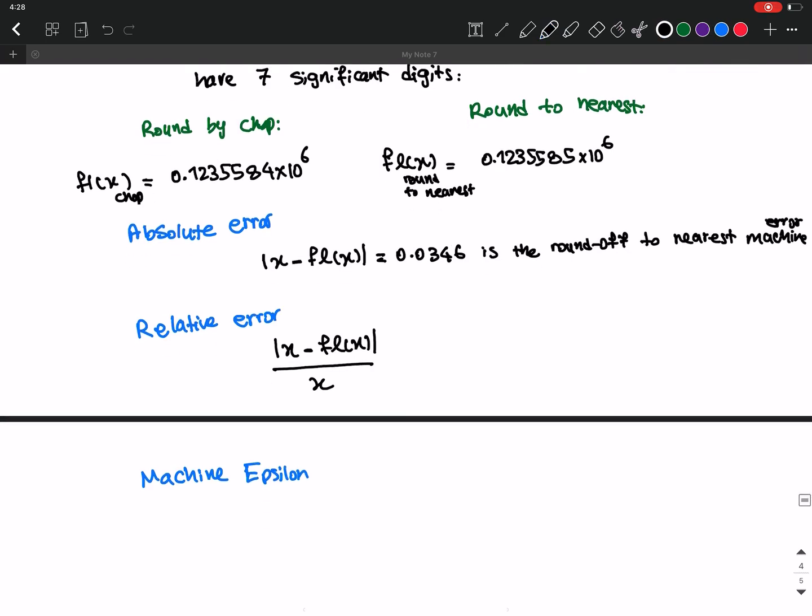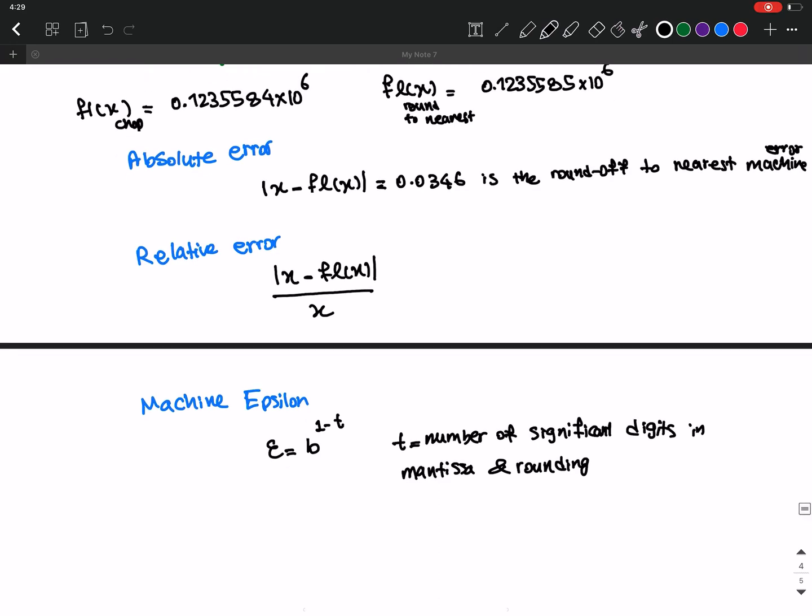So machine epsilon or machine error is gonna be b, the base, to the power 1 minus t, okay, and t is the number of significant digits in Mantissa and rounding.